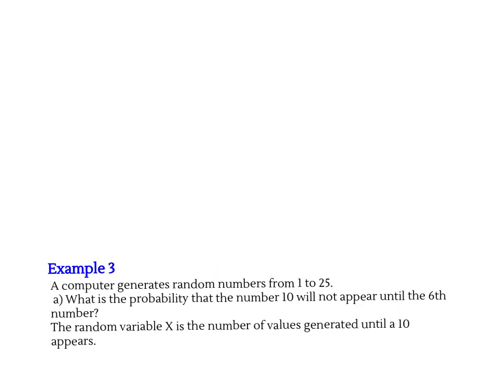Next example: a computer generates random numbers from 1 to 25. What is the probability that the number 10 will not appear until the 6th number? Our probability of success is 1 in 25 because we're only looking for the number 10. If it's not going to appear till the 6th number, that means I'm going to have 5 failures, and the probability of it not being 10 is 24 out of 25.